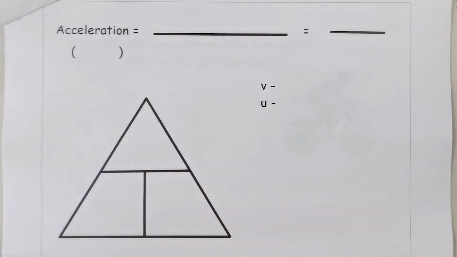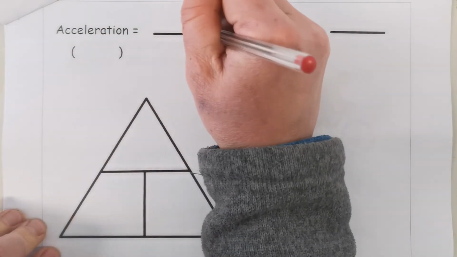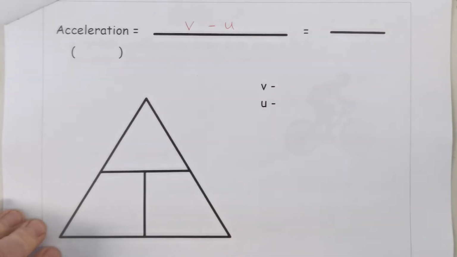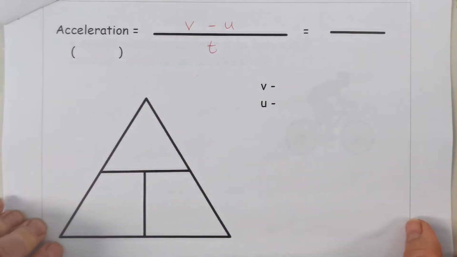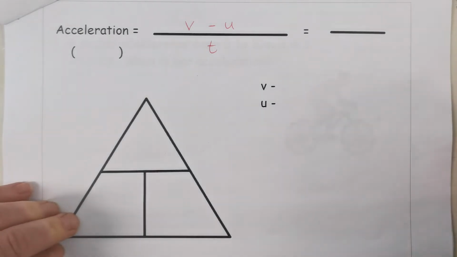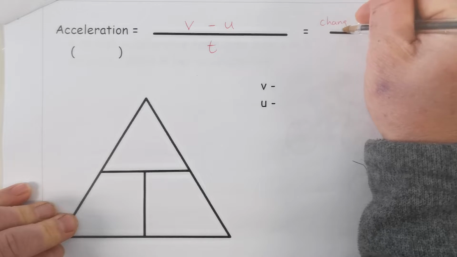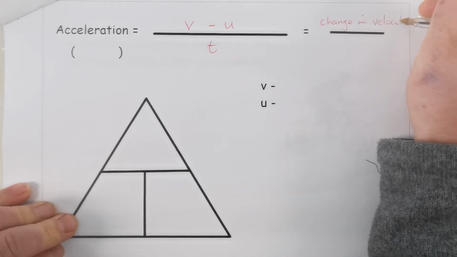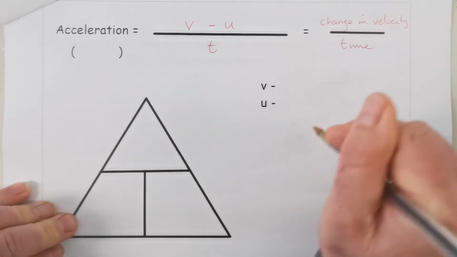So, formula for acceleration is, this is the one we're going to be using. It's A equals V minus U over T. And what does that mean? Well, that means change in velocity divided by time. What is your change in velocity?